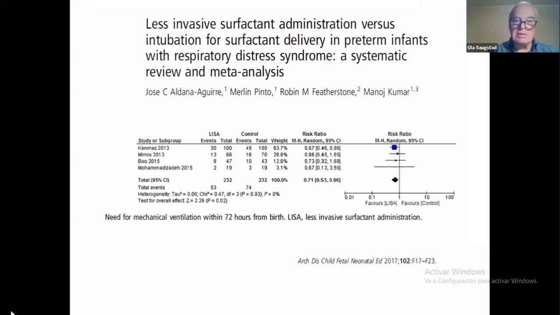This is a meta-analysis, a systematic review published some years ago now, 3 years ago, and it shows that the need for mechanical ventilation is reduced using LISA, the less invasive surfactant administration.